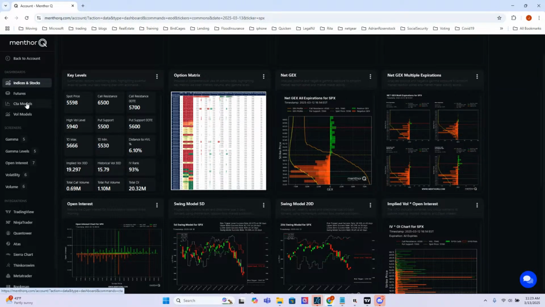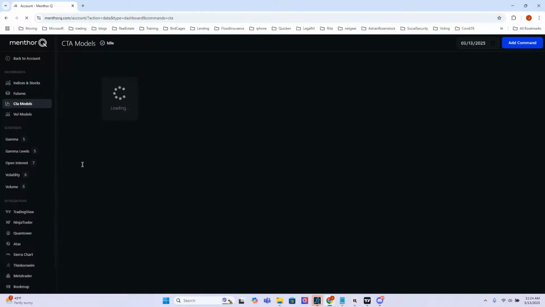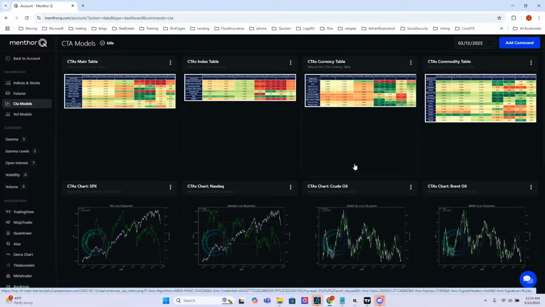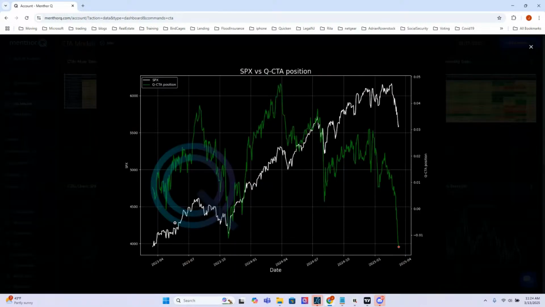One of the things I started to explore was the CTA models, for the SPX and the NASDAQ. If you look at the SPX, and again, it's pretty basic stuff here, you can see that positioning is really at the bottom.